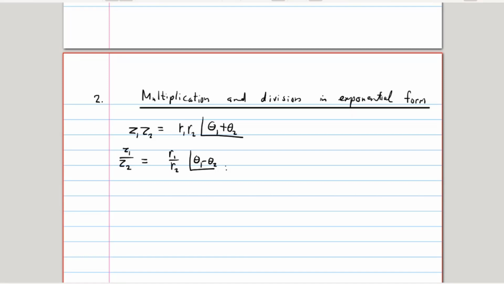So here you must understand that the nice part about this is that complex numbers written in exponential form obey the laws of exponents, okay? So the laws of exponents, just to refresh you quickly. You guys know that exponential laws look something like this.